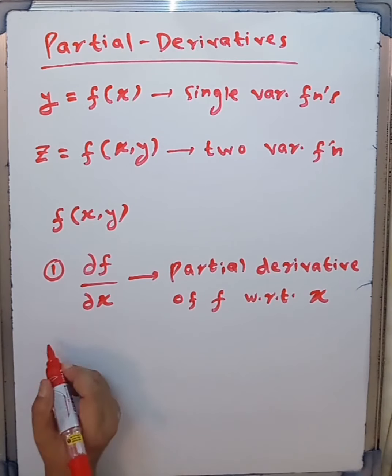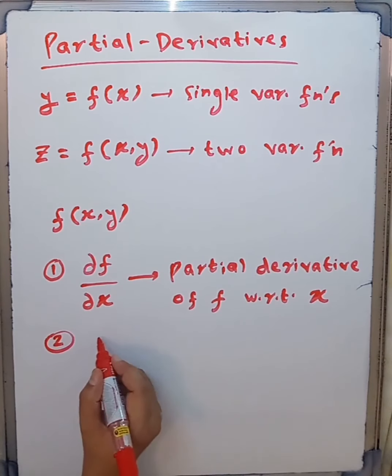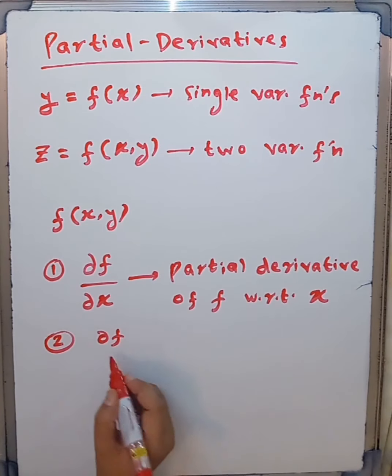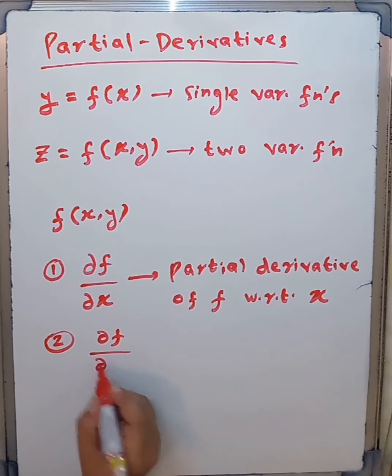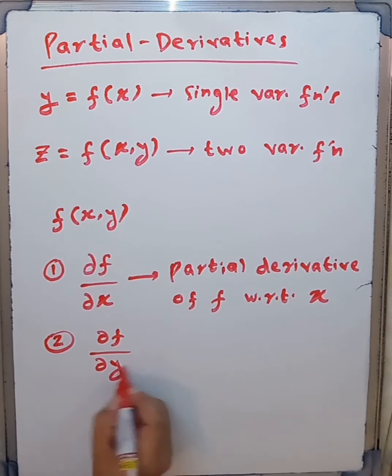Same way, we can differentiate f partially with respect to the variable y. This we will read as dou f by dou y, and this will be called the partial derivative of f with respect to y.